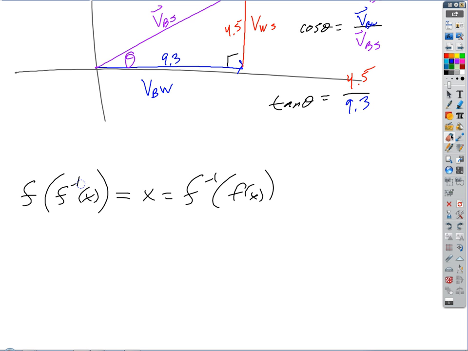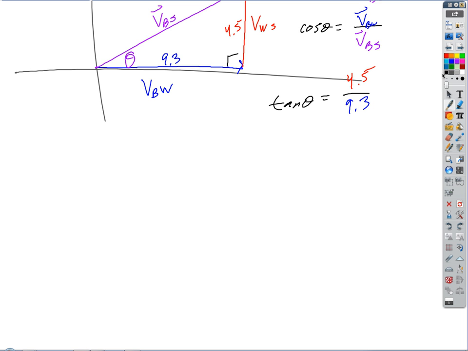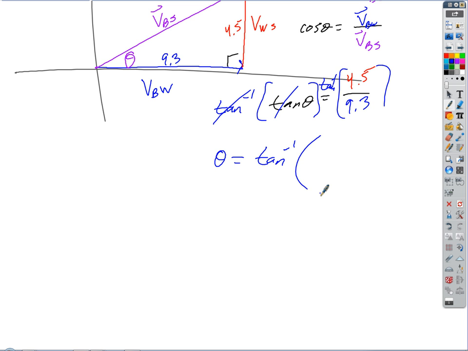If I take the arctangent, or inverse tangent, of both sides, two names for the same thing, the inverse tangent and the tangent cancel, and I get theta equals inverse tangent of the ratio 4.5 over 9.3. Let's pull up the calculator and show you how you do this.